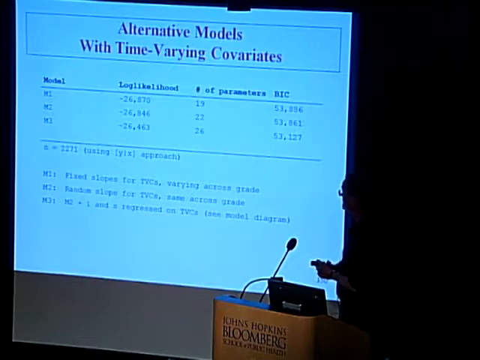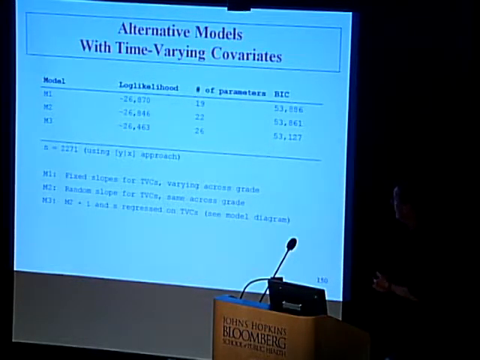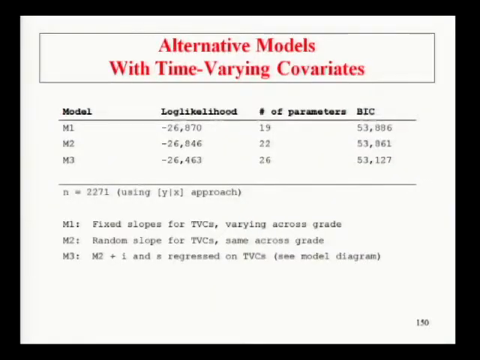Now, what is M3? Well, M3 is M2, the random slope model, plus I and S regressed on TVCs. So now we're getting advanced. We're regressing I on TVCs. That's what we talked about. I regressed on course taken in 7. But apparently we're now bringing in S as well.